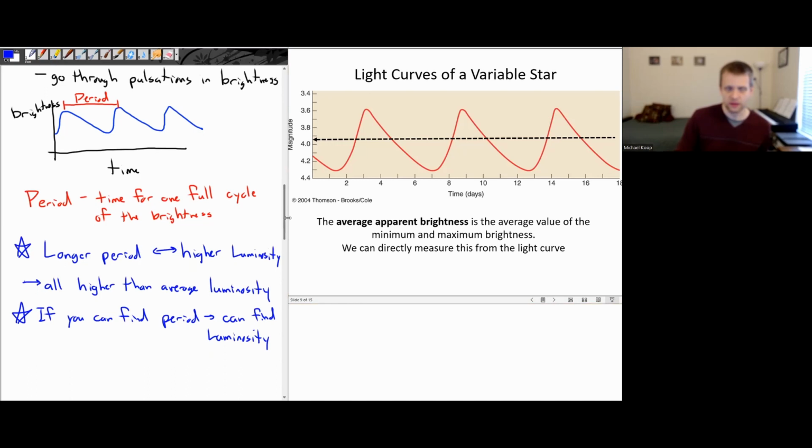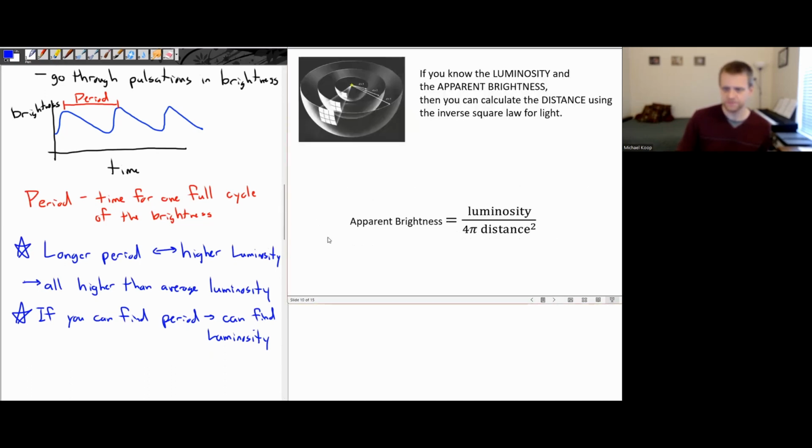And let's put together some of these ideas, because we want to use these Cepheid variable stars as a new way of measuring distance. If I have the average apparent brightness, I can simply look at that light curve and see what that average apparent brightness is.